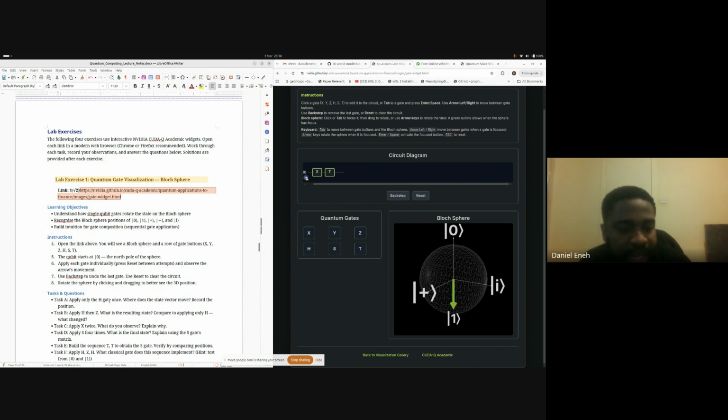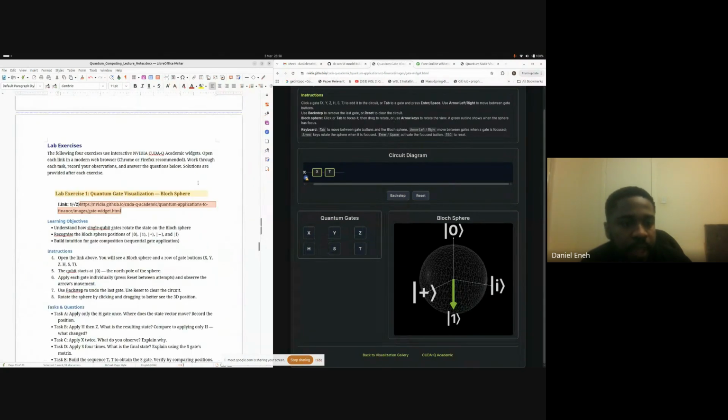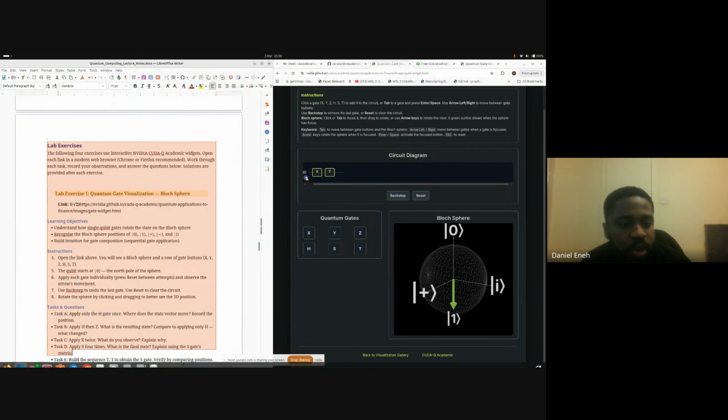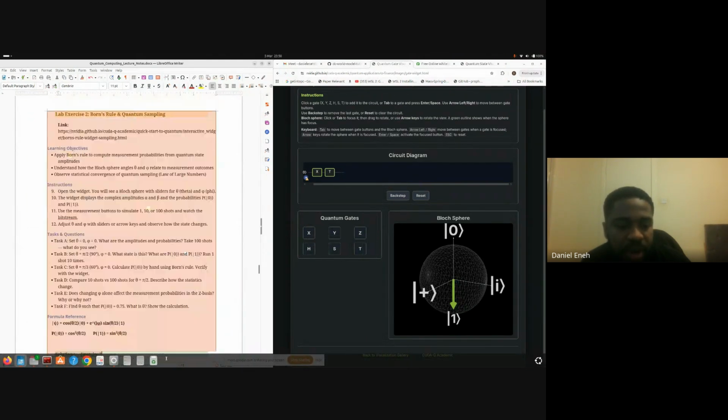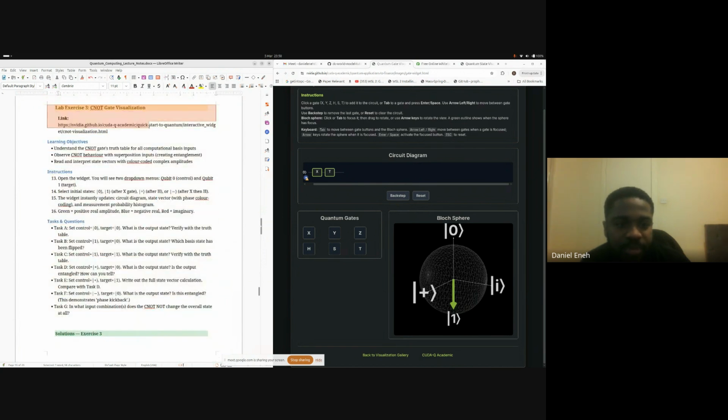Task A: apply the H-gate once. Where does the vector move? Record it. Take note of things, then the explanation will be in the solution. Once you do these lab exercises, you will be fine. Trust me, you'll be a master of quantum computing. I think that's what we'll close for today.